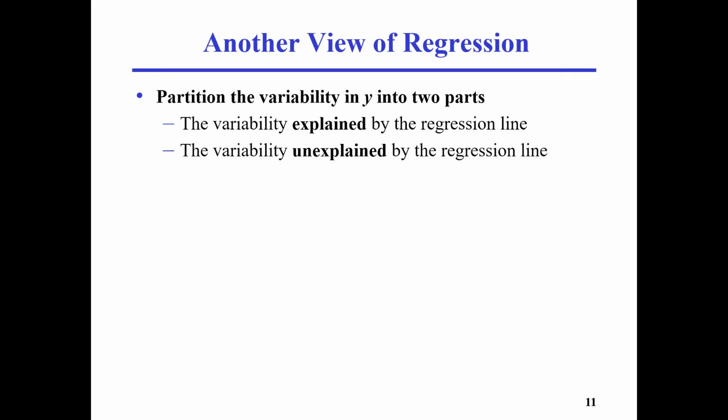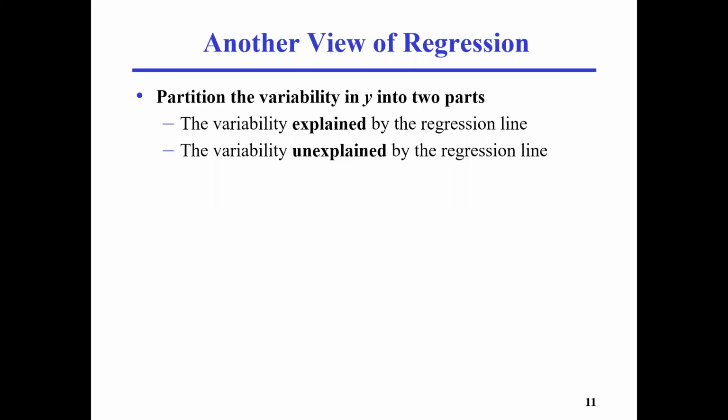Let's use another view to address regression, a view of partition. We partition the variability in y into two parts. The first part is the variability that can be explained by the regression line, or the regression function.